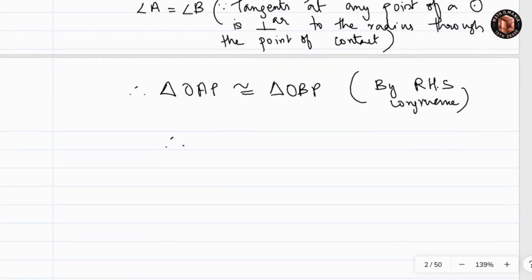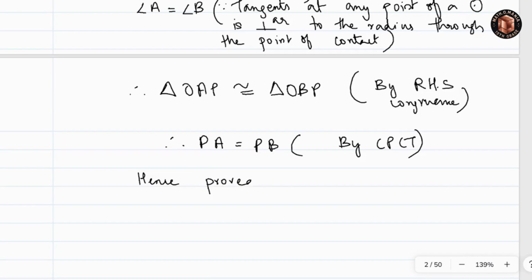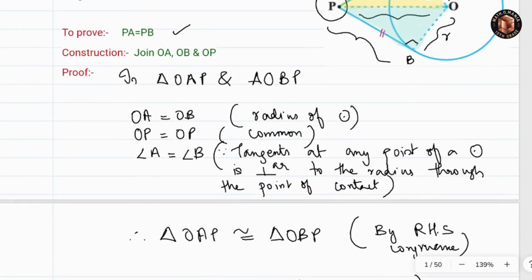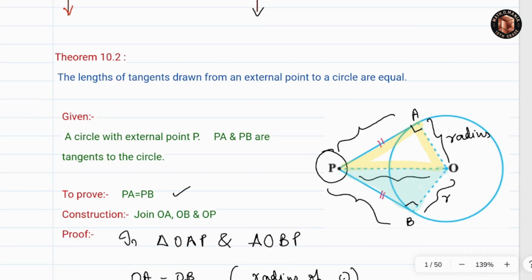By what? By CPCT. Therefore, PA equals PB, that is by CPCT. Hence proved. This is what they were asking us to prove, right? So we proved that the lengths of the tangents drawn from a common external point to the circle are equal. Clear?